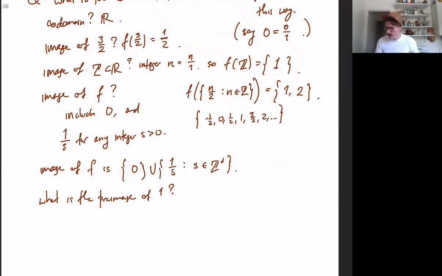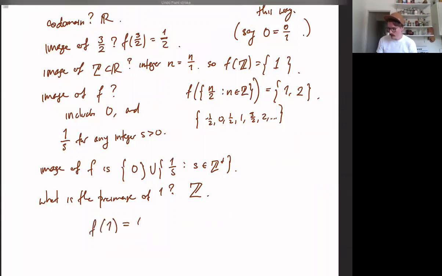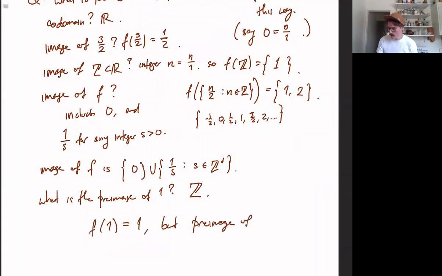The preimage of 1 is the integers. Although let me point out that it will not always be exactly the same. For example, f of 1 equals 1, but the preimage of 1 is not equal to just 1.